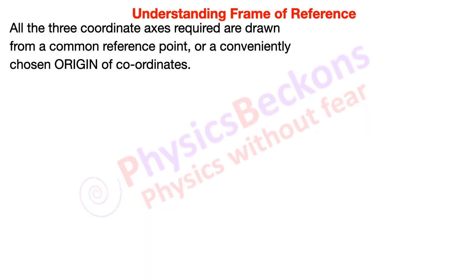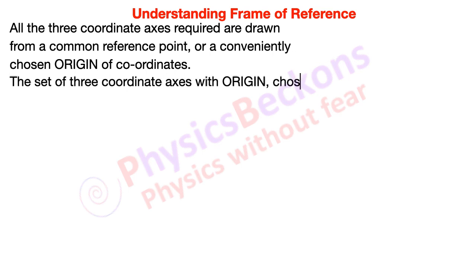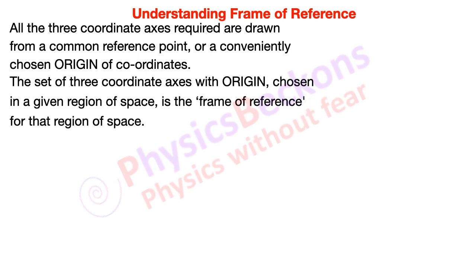All the three coordinate axes required are drawn from a common reference point or a conveniently chosen origin of coordinates. The set of three coordinate axes with origin chosen in a given region of space is the frame of reference for that region of space.